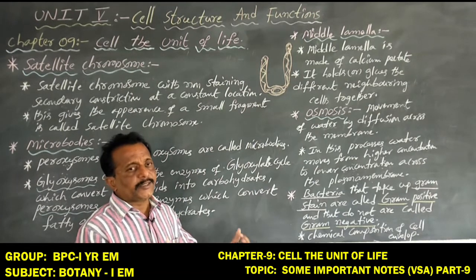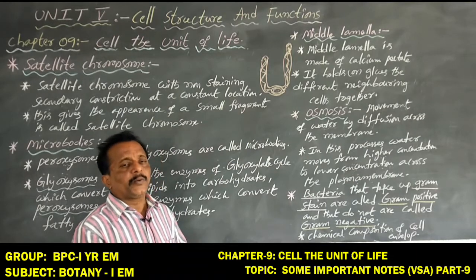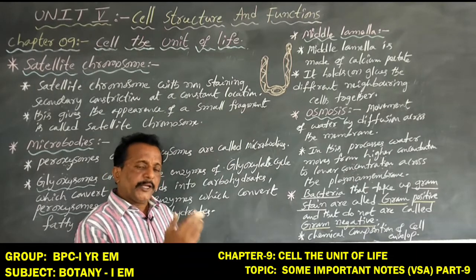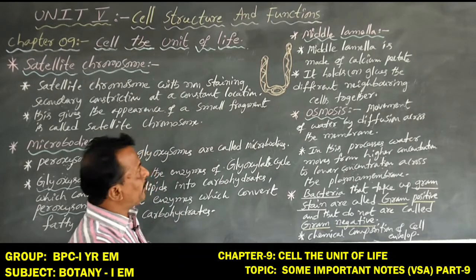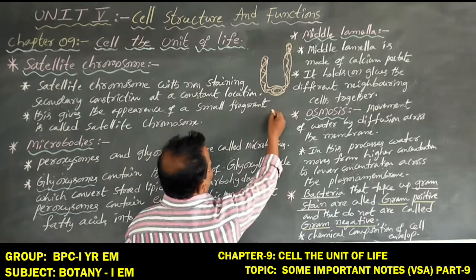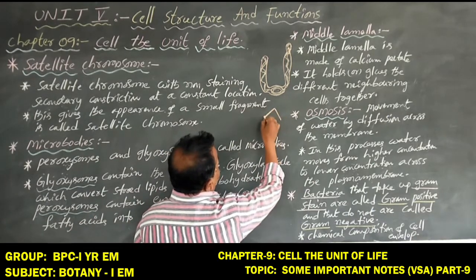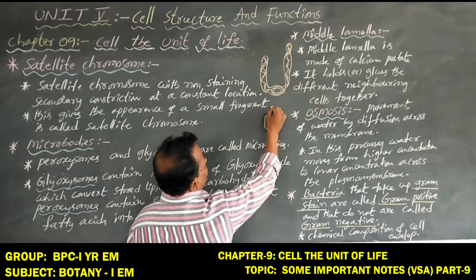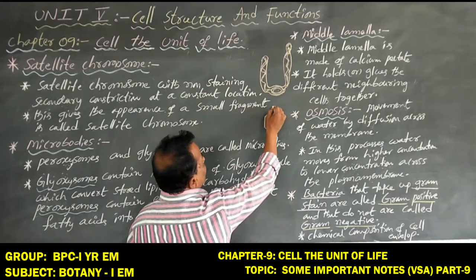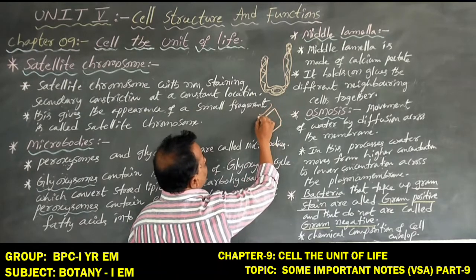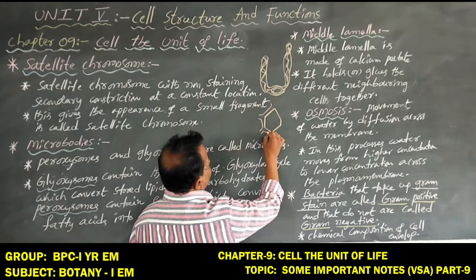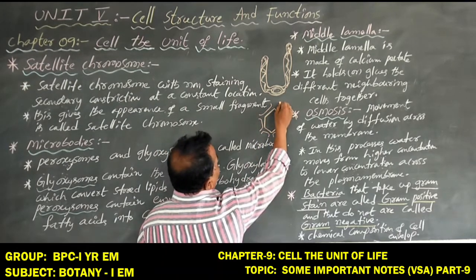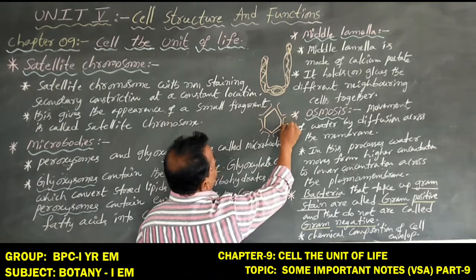But here the cell wall consists of three layers. The first layer is the primary cell wall, and the second is the secondary cell wall.